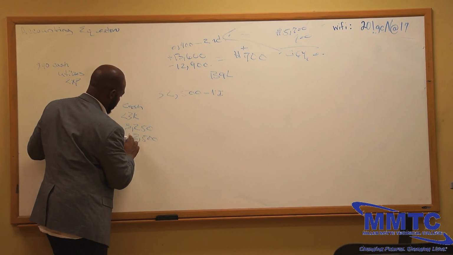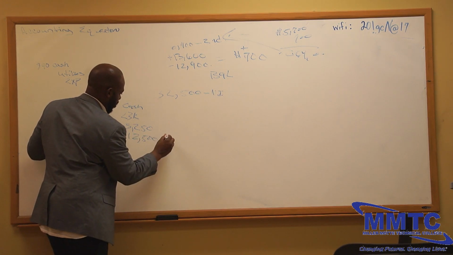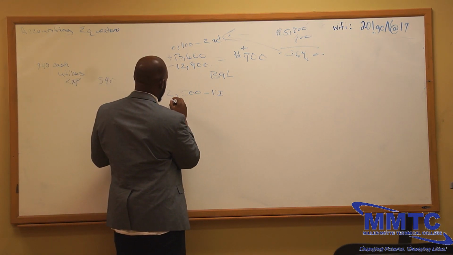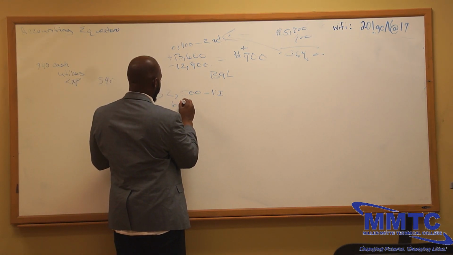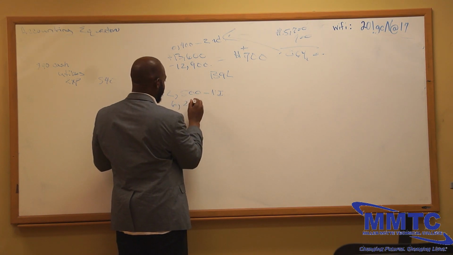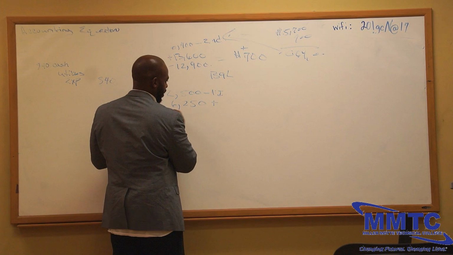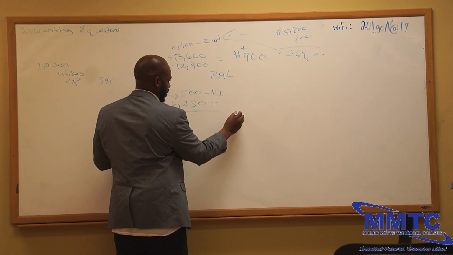The owner's total investment for the first month was $6,250. Okay, he invested $6,250. Calculating the ending balance in the owner's capital account to be reported on the statement of owner's equity.